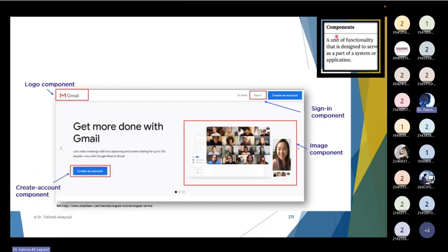As a definition, we're thinking about a component as a unit of functionality that is designed to serve as a part of a system or application. The unit doesn't always mean a specific part of code.